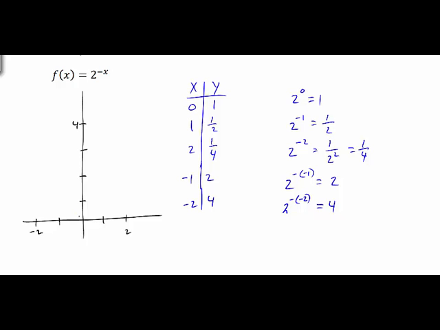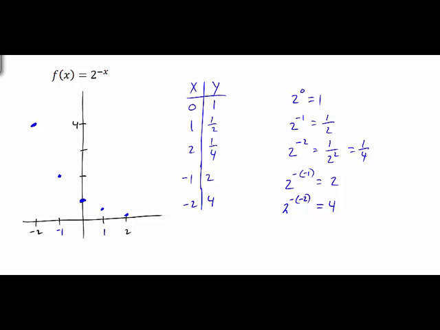If we have the point again, 0, 1, 1, 1/2, so at 1 here we're only up at a half, and then at 2 we're at 1/4, and at negative 1 we're up to 2, and at negative 2 we're up at 4.